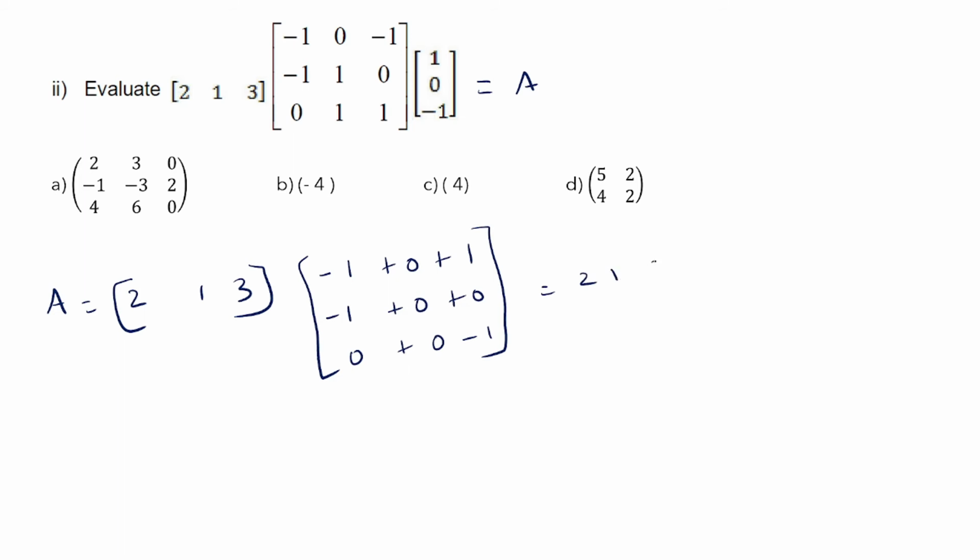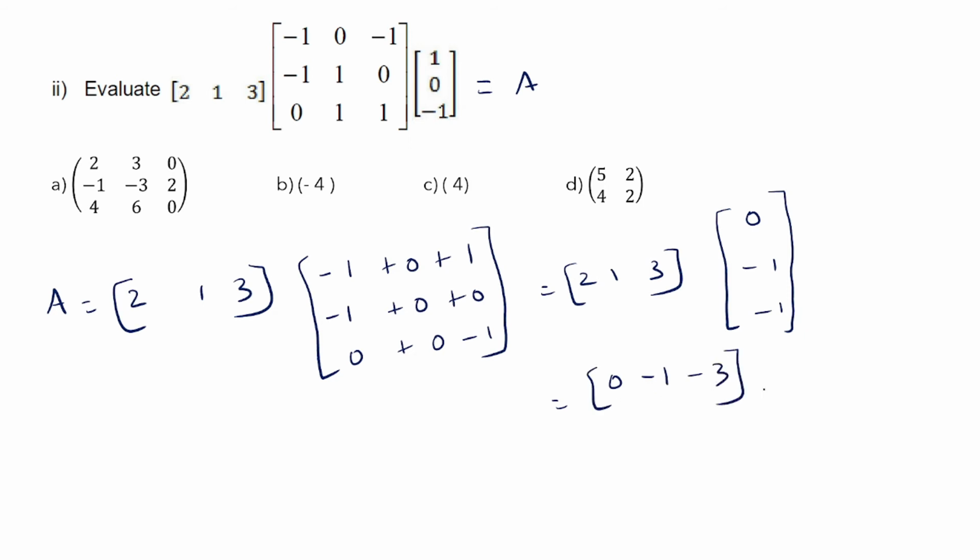So this is equal to [2 1 3] into [0; -1; -1]. So this is equal to 2 into 0 is 0, 1 into minus 1 minus 1, 3 into minus 1 minus 3. So this is equal to minus 4. So it is a matrix of order 1 by 1 with only one element as minus 4. So the correct option is option B.